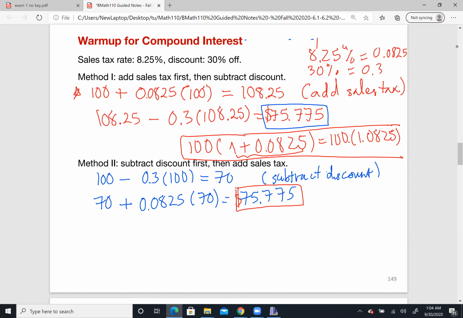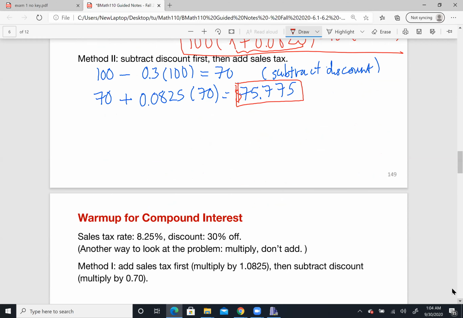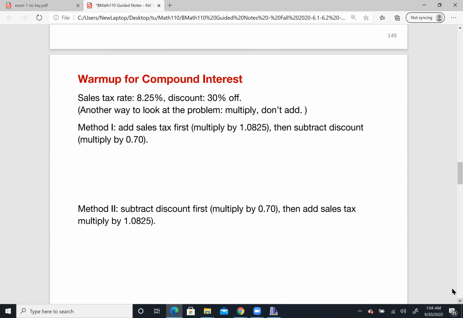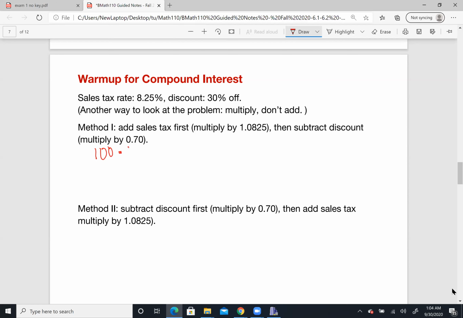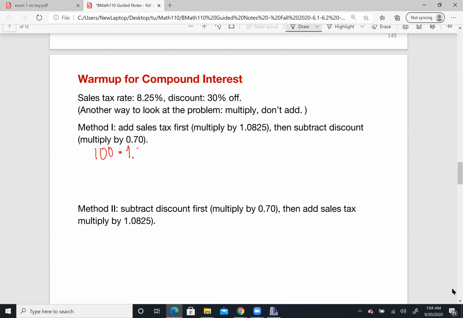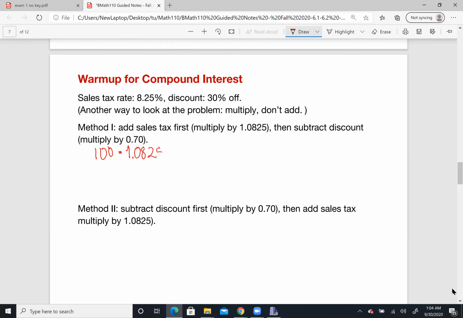Okay, so let me move down. I'm going to say 100 multiplied by 1.0825, right?